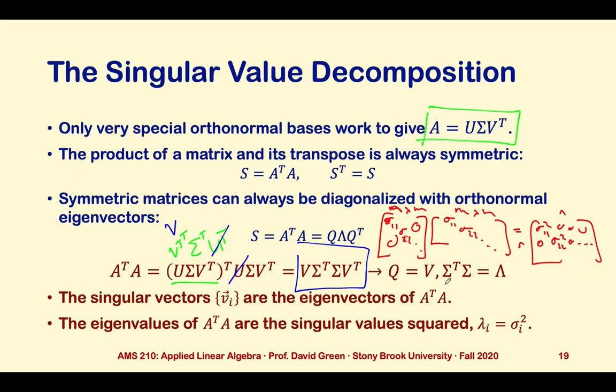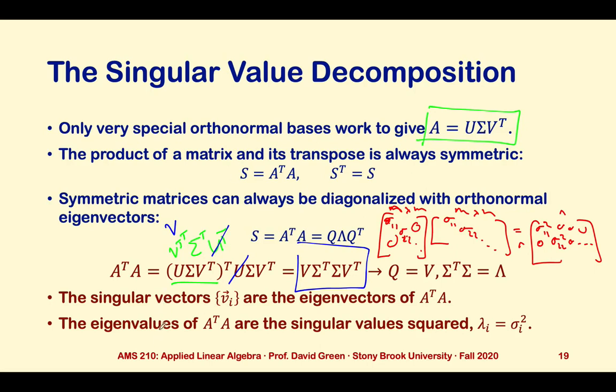The product of this sigma transpose sigma is a diagonal matrix whose elements are the squares of whatever the elements of sigma were. So the eigenvalues of A transpose A, which we know how to evaluate, are the squares of the singular values that we want to put into sigma.